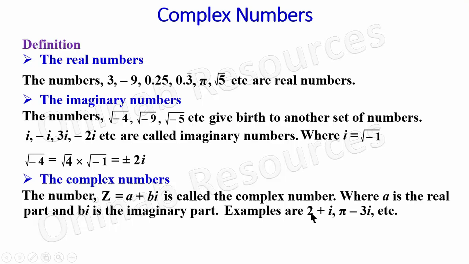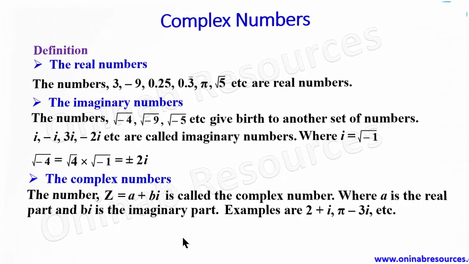Like here now, if I have 2 plus 0i, which means it is 2, that's a real number, but the imaginary part is 0. We can also have another complex number whose real part is 0. So these are what we are going to be looking at here.